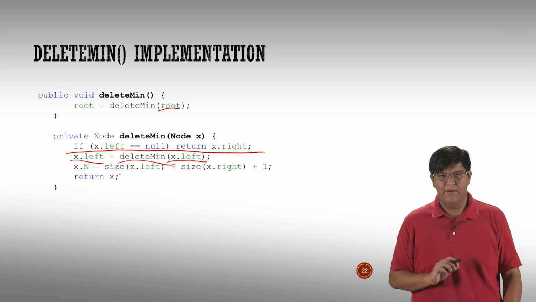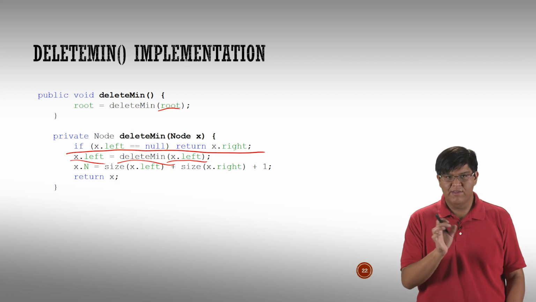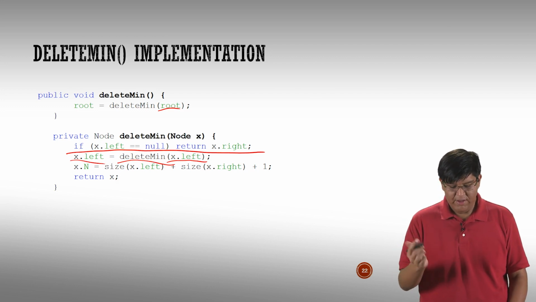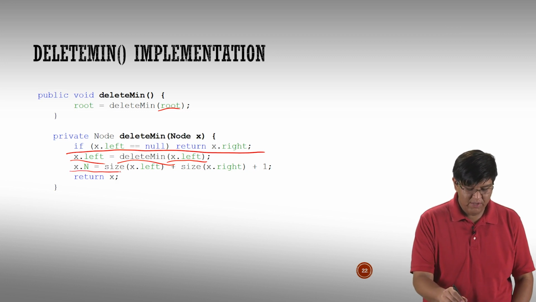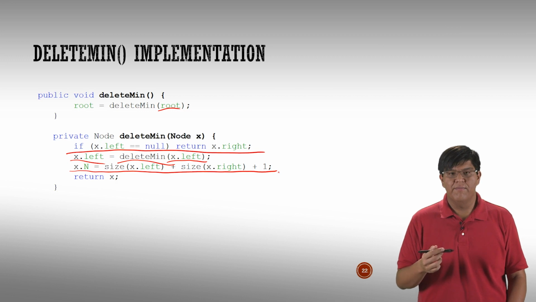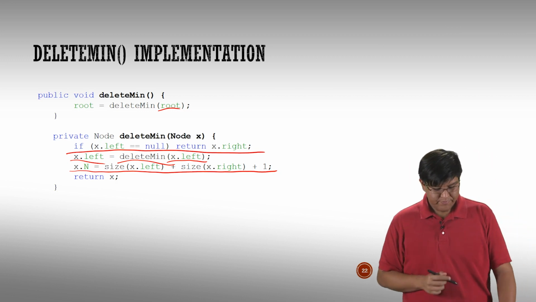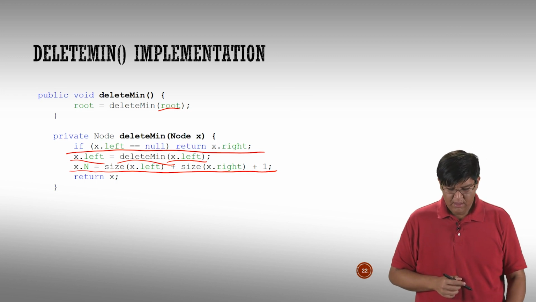We saw that in a couple of the other methods. I'm applying some operation to one side of that subtree. Then we have basically the same code we had for put, which is to update n. We've deleted a node, so we need to update the value of n, because now it's going to be 1 less. So that's our delete min.